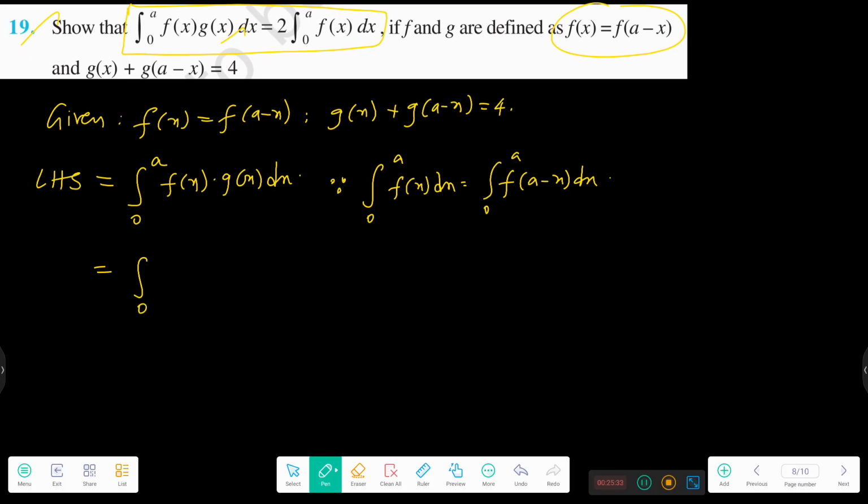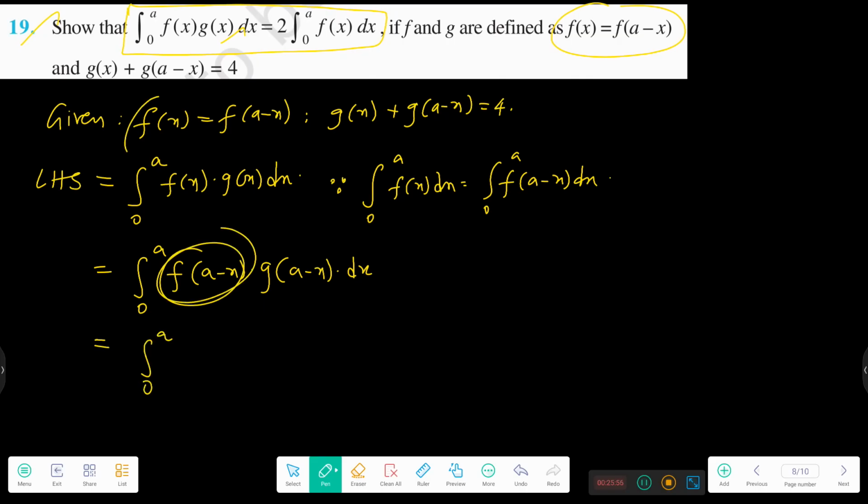So that integral 0 to a f of a minus x into g of a minus x into dx. Listen carefully what I'm doing. f of a minus x, what did they give? f of x. So you can replace here: integral 0 to a, f of a minus x can be replaced by f of x.